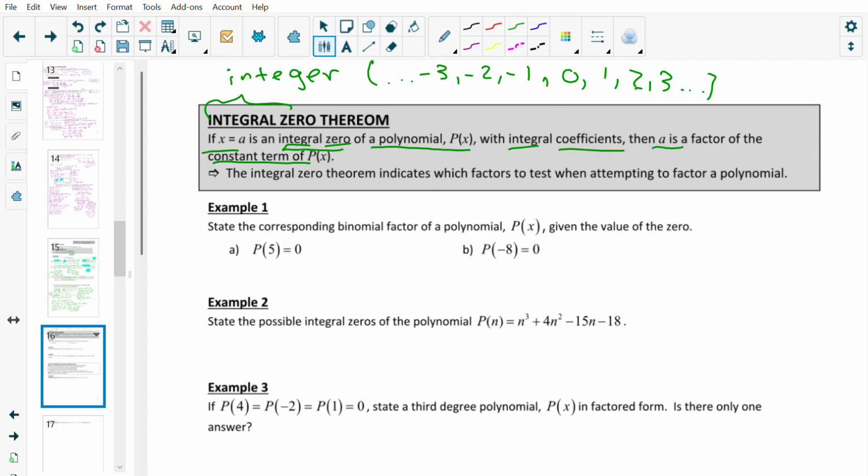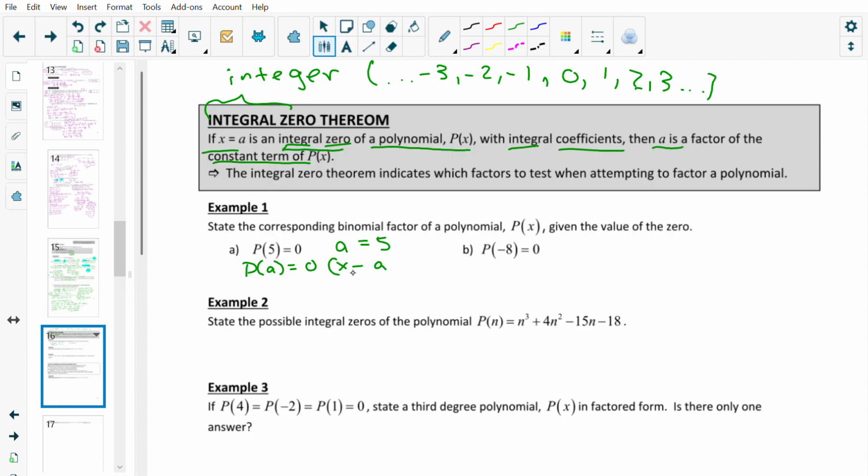The integral zero theorem indicates which factors to test when attempting to factor a polynomial. State the corresponding binomial factor of a polynomial p of x given the value of the 0. Remember this is in the form p of a equals 0, so a equals 5.